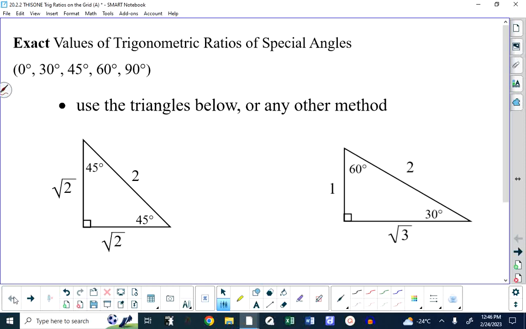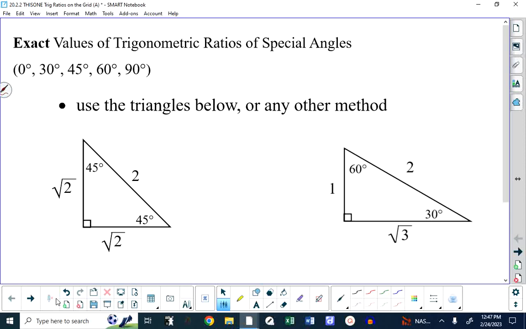We know that if the hypotenuse of this is 2, the short side is 1, because if I reflect that triangle down, I will get an equilateral triangle, which means that that short side of the original triangle must be half of the hypotenuse, because this entire length here, if it's equilateral, must be 2. Once I know that is 2, I can use the Pythagorean theorem to determine that this is root 3.